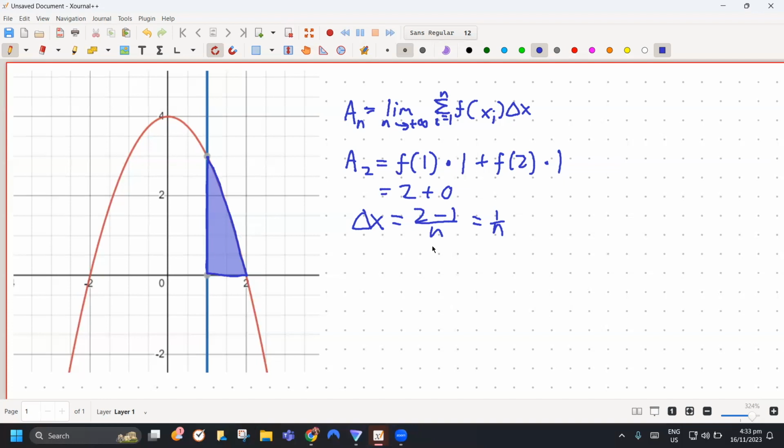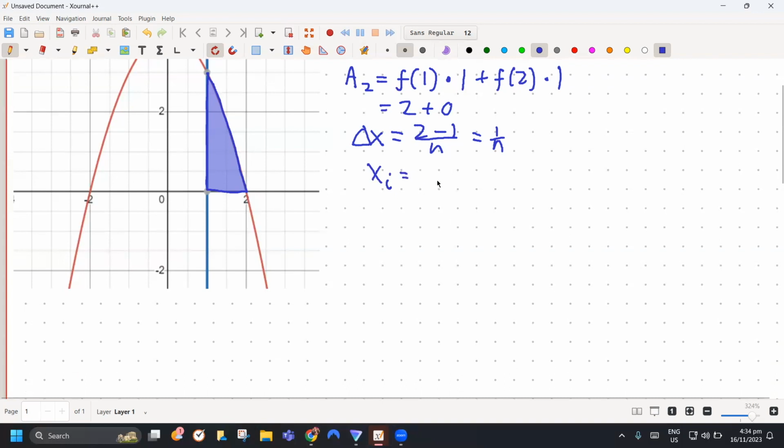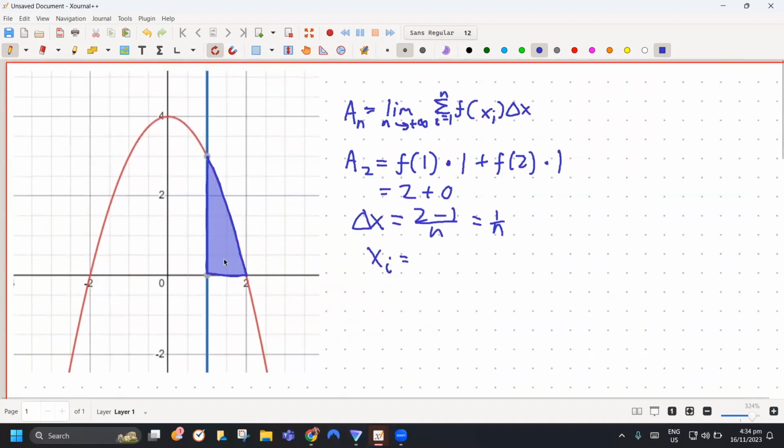So xi is, ano yung expression? Hindi mo fxi yung hanapin dapat, kailangan mo yung xi.